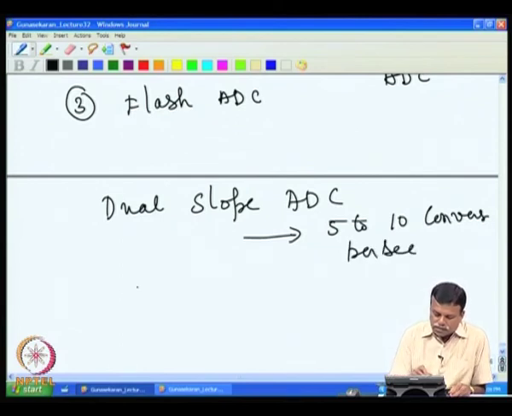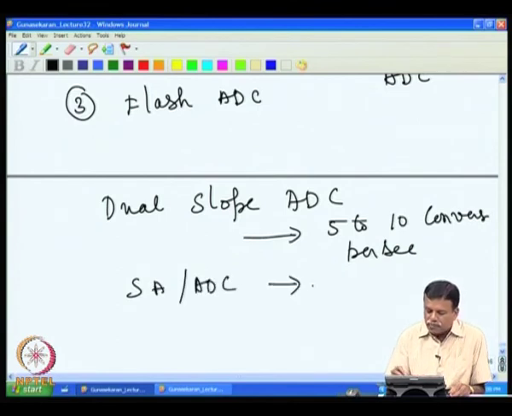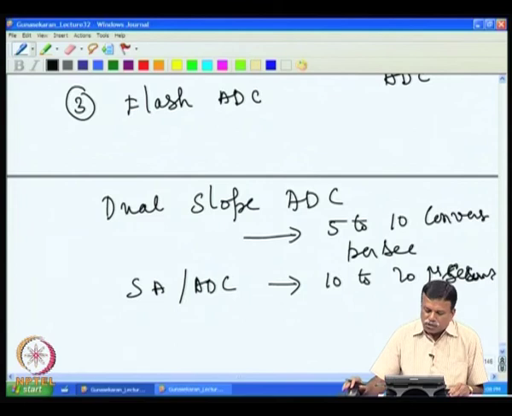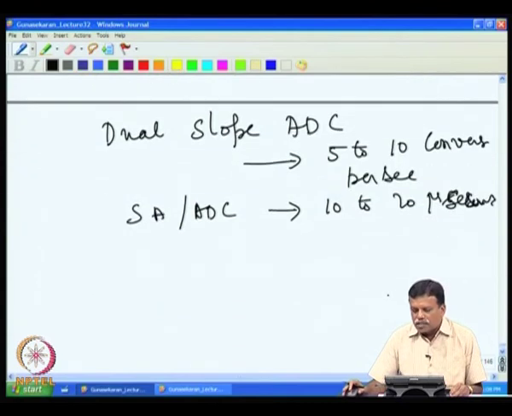In successive approximation ADC, conversion time can be roughly 10 to 20 microseconds, because here you need a sample and hold, and that time also has to be taken in that. So, this is also not very fast. Nevertheless, 10 to 20 microseconds is good enough for many applications, but there are applications which demand much higher speed.